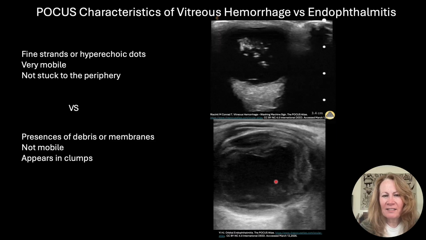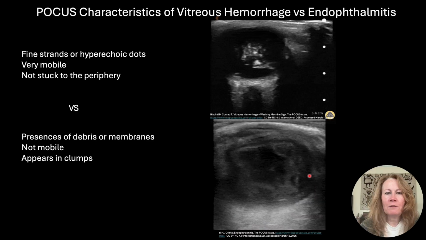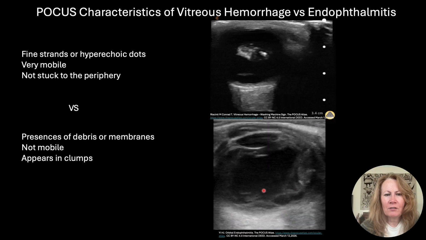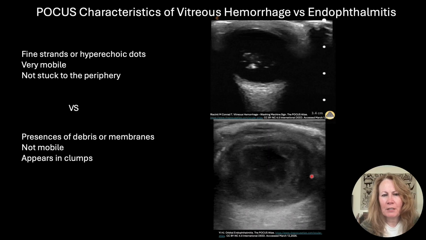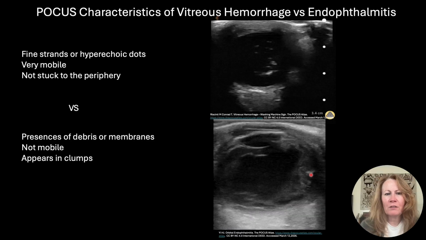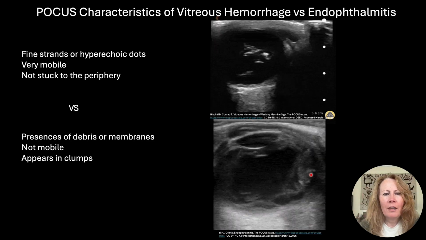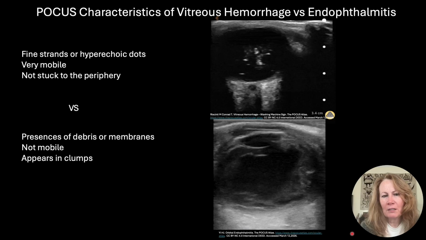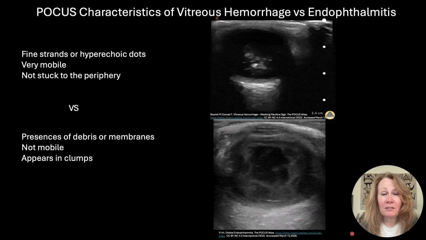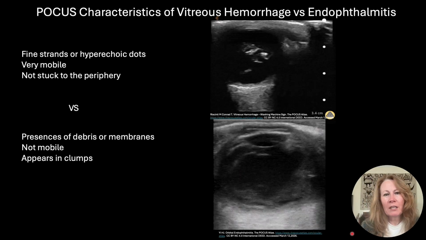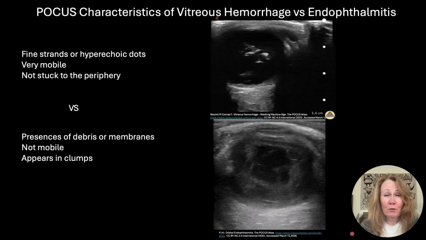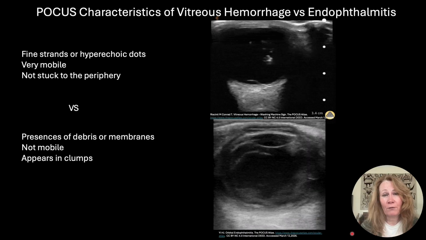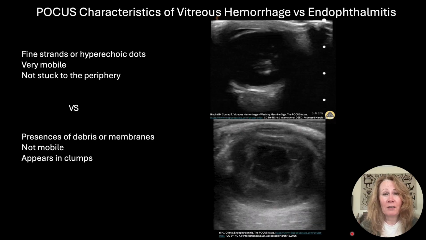So it's hazy, much more indicative of an infective process. And you can see that the predominant infected material is more peripheral and moving with the wall. It's not moving independently, so we would say the collection is not mobile. So again, that makes it very clear, if you compare them side by side, the difference between vitreous hemorrhage and endophthalmitis.